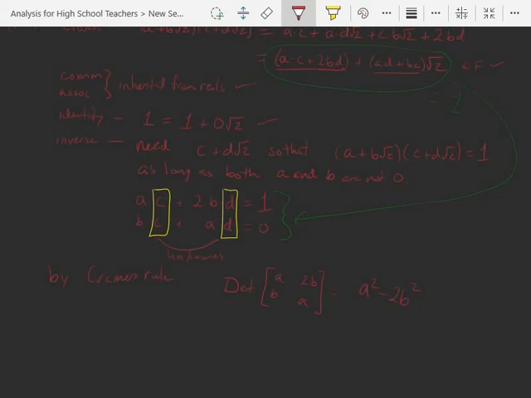And this is non-zero no matter which rationals a and b I have, since a and b have to be rational numbers. Otherwise I'd have the square root of 2 being rational. So this is non-zero.